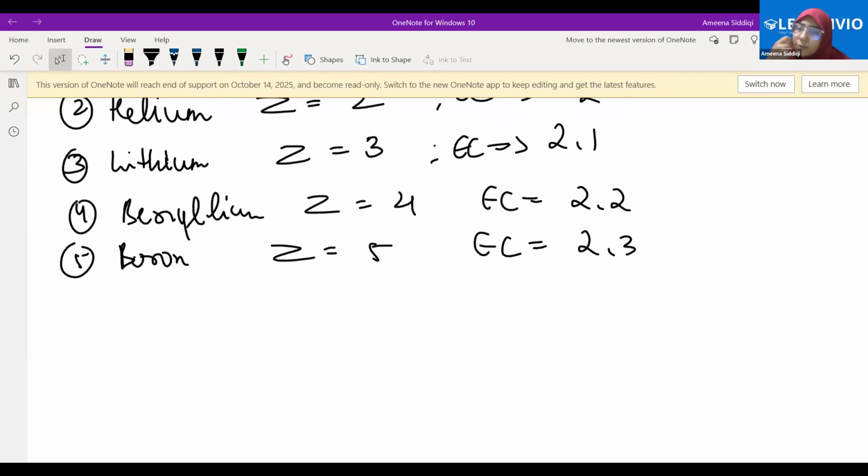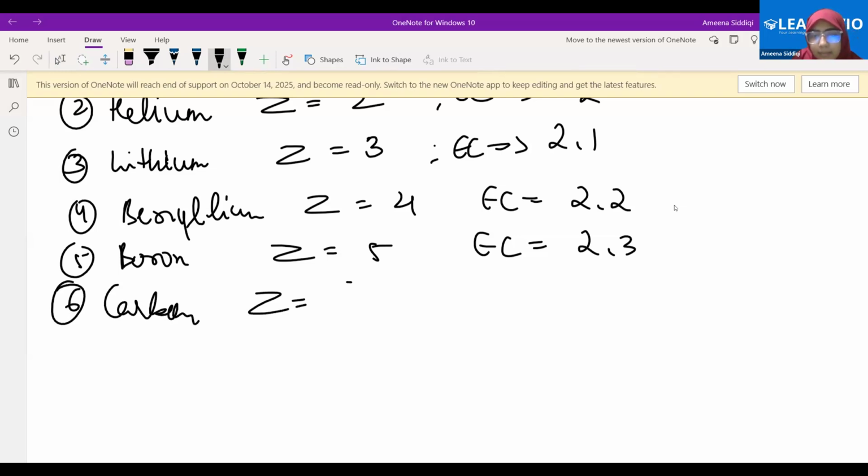The first shell can only have 2 electrons; it cannot have 3 electrons. The 3 electrons are present in the second shell. We are moving from the first shell to the second shell, then to the third shell, so this is the order of the shells. We cannot change that. Is it understood? Fine. Now, carbon.